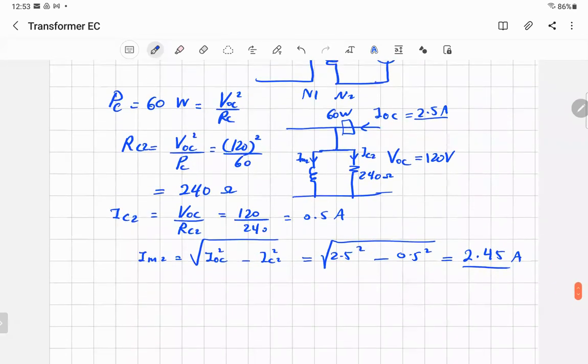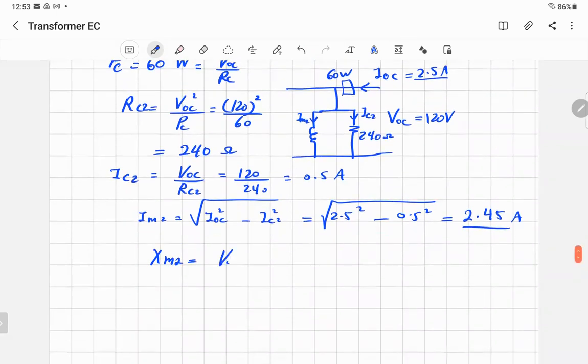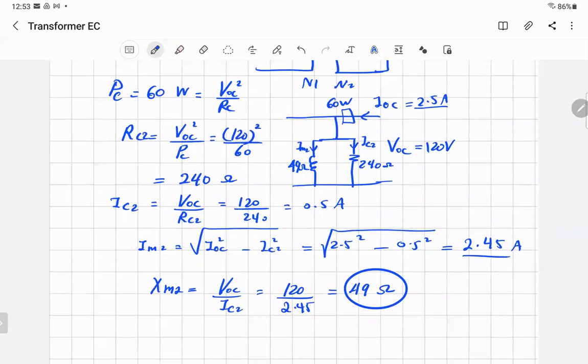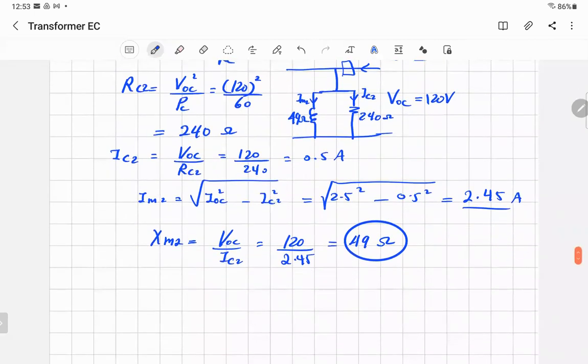Once you get IM2, you can get XM directly by dividing the voltage by I. These steps are just systematic. So XM2, and you write 2 because it's side 2, is equal to the voltage divided by the current. The voltage is 120 and the current is 2.45. That will give you 49 ohm. So you got the XM, 49 ohm. You just put it there. Now that's all you need.